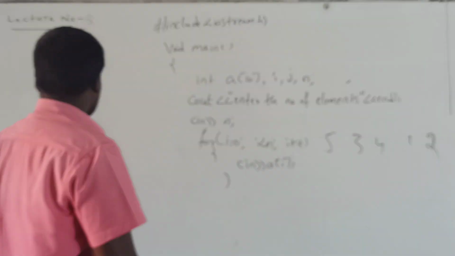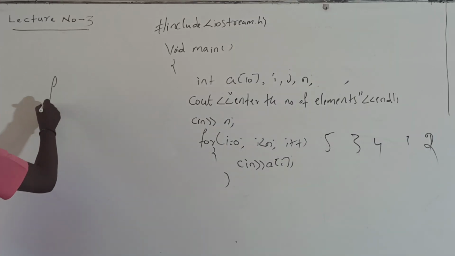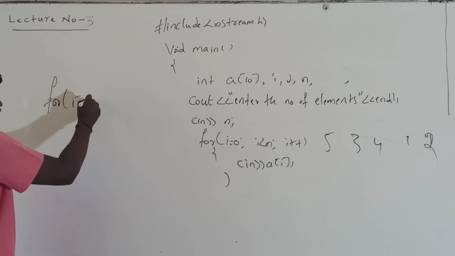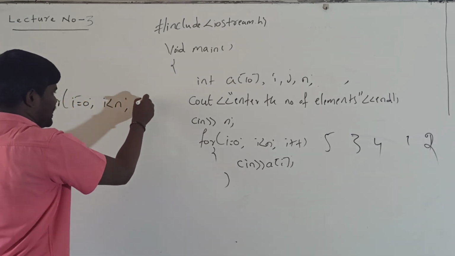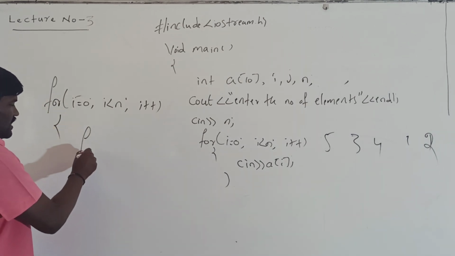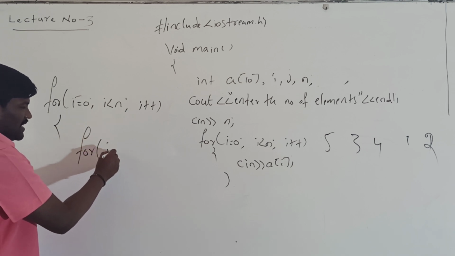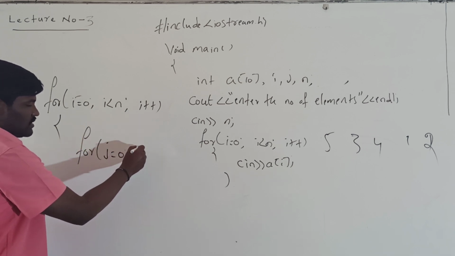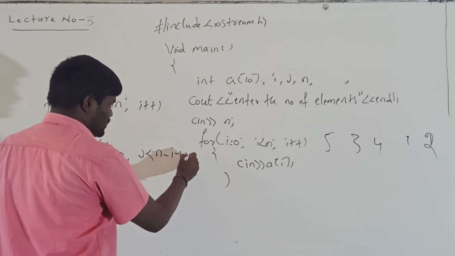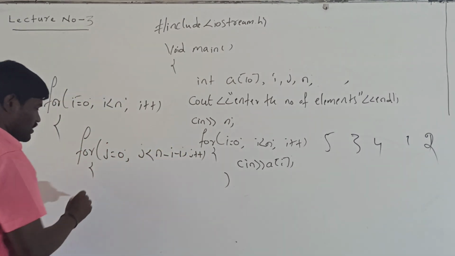Okay. So for that purpose, the logic is: for I is equal to 0, I is less than n, I plus plus. For comparison purpose, one more for loop is required: j is equal to 0, j is less than n minus I minus 1, j plus plus.